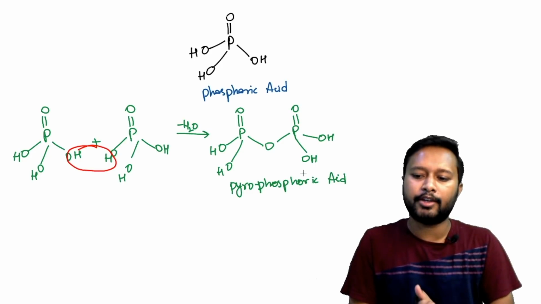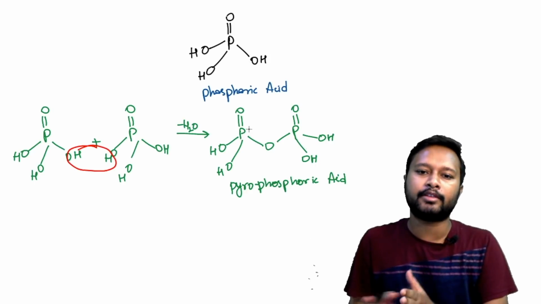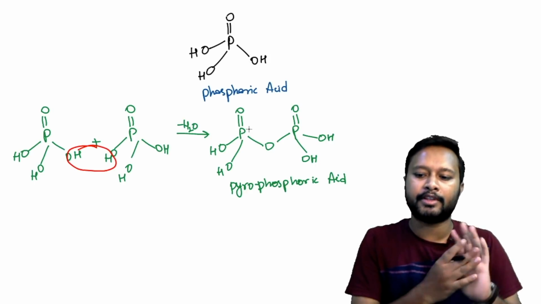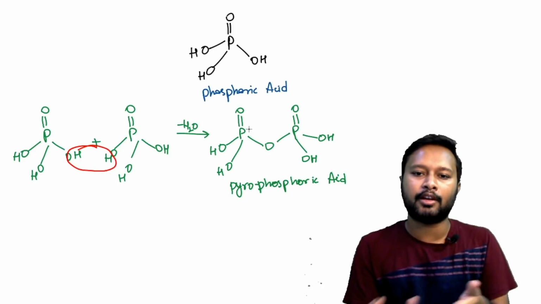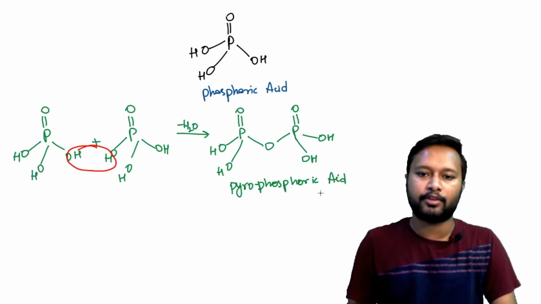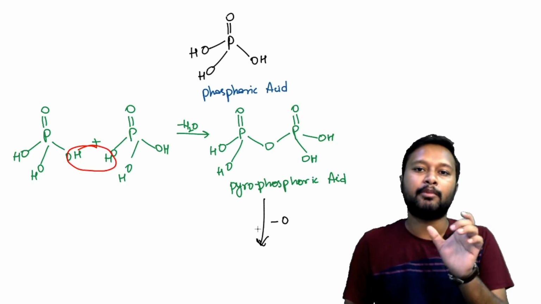The next thing you can do is remove this oxygen at the center. If you remove the oxygen present in the center and directly form the phosphorus bond, basically you are reducing it. So if you remove one oxygen from this pyrophosphoric acid, you are reducing it, so in that case its name will be hypo.